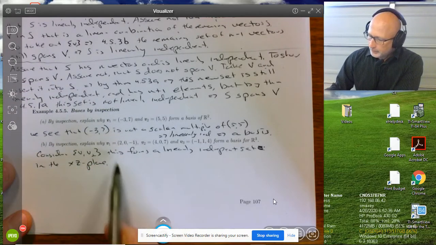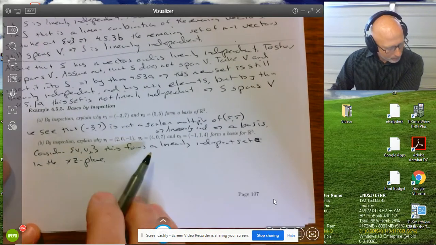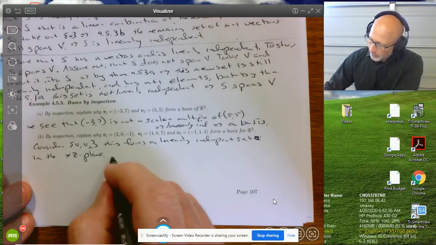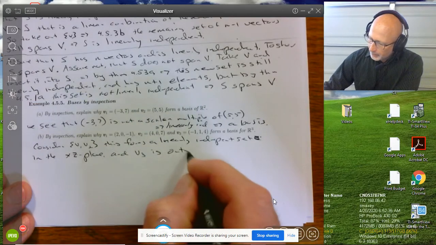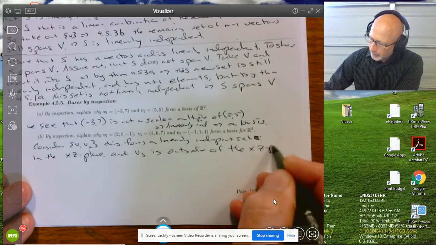Why is that? Well, if you notice, these are both 0 in the y component, which means they're not anywhere in the Y direction. And v3 is outside of the XZ plane.